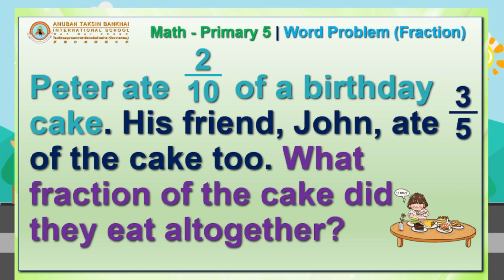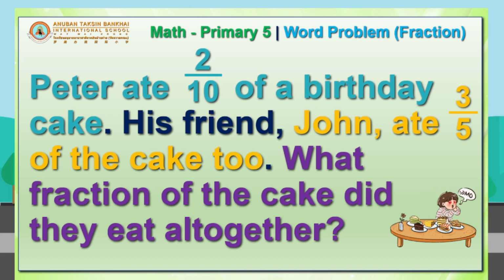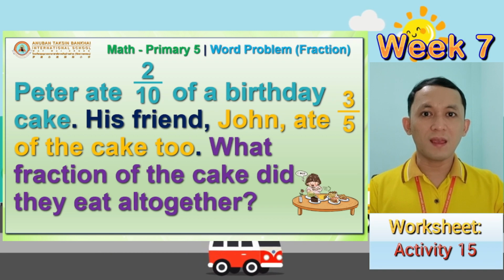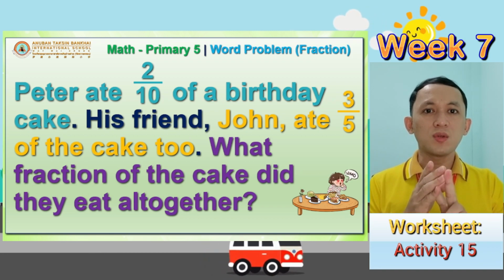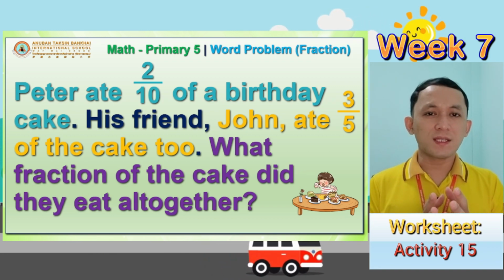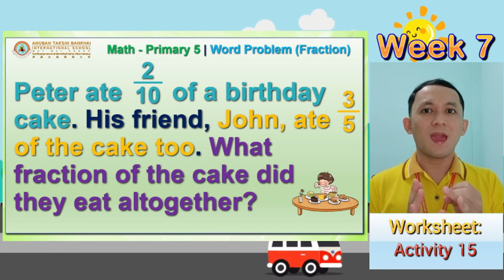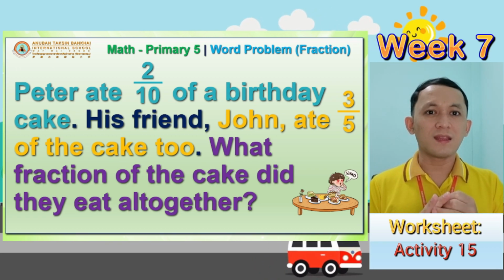Do we have another piece of information? Yes, his friend John ate 3/5 of the cake too. So here we have 2 pieces of information: the fraction that Peter ate and the fraction that John ate.